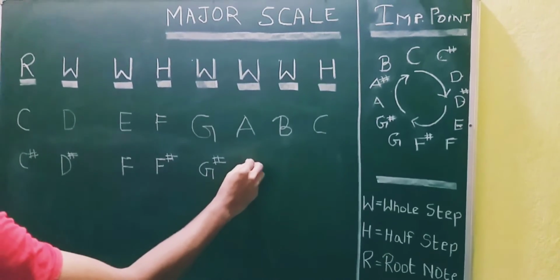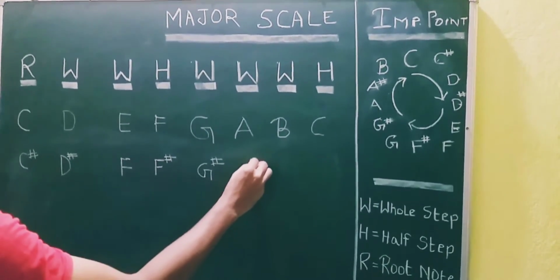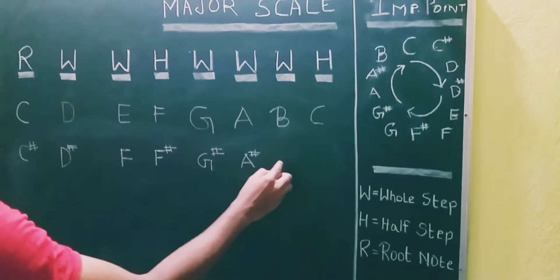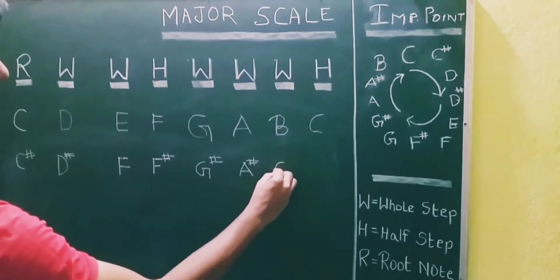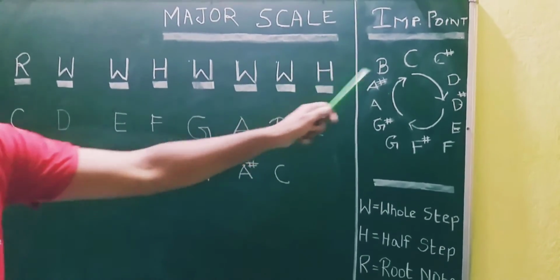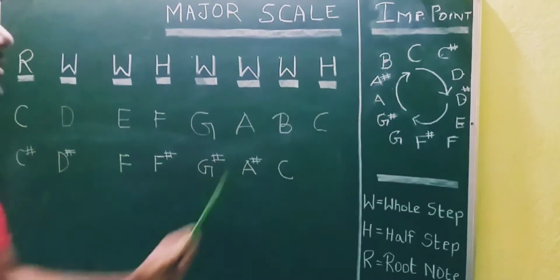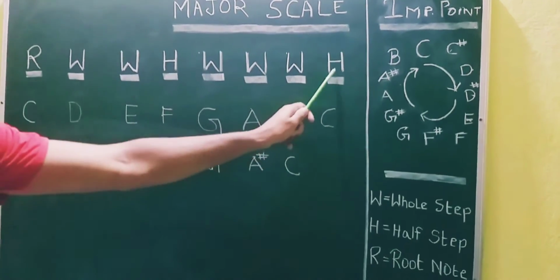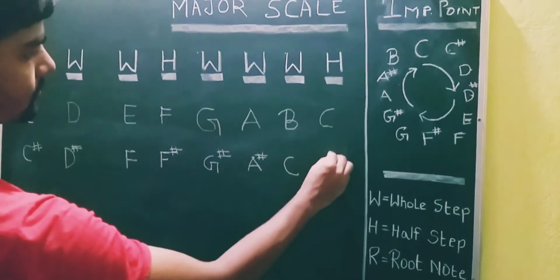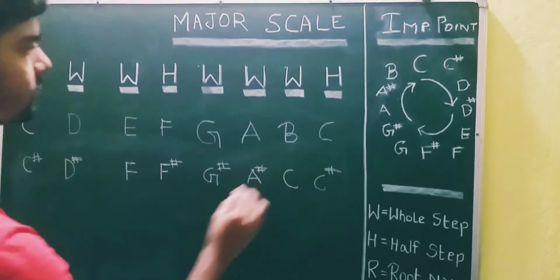After taking a whole step, we will get the note A sharp. After taking a whole step from A sharp note, we will get the note C. And taking a half step from C note, we will get the note C sharp. So this is the C sharp major scale.